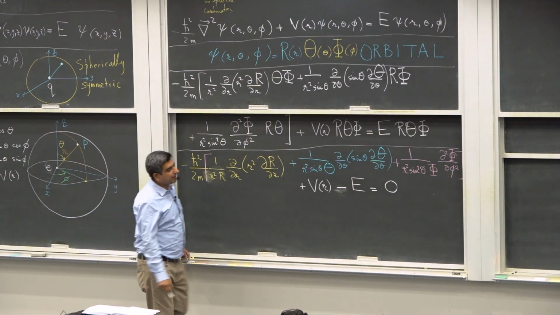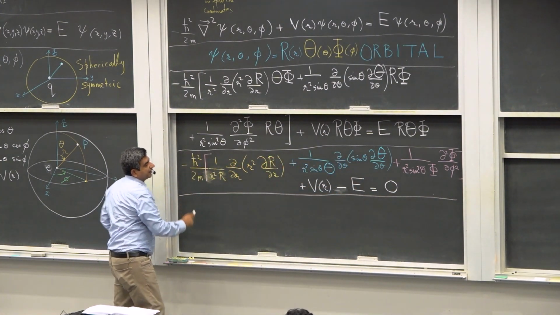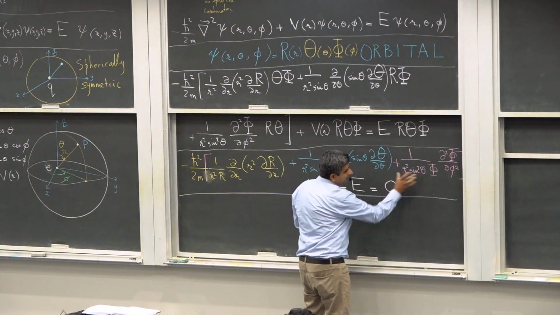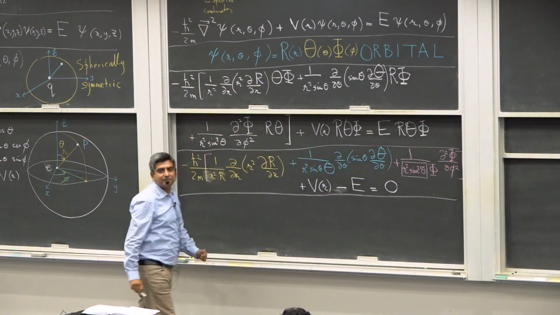So what I do now is multiply both sides of this equation by this term, r square sine square theta.